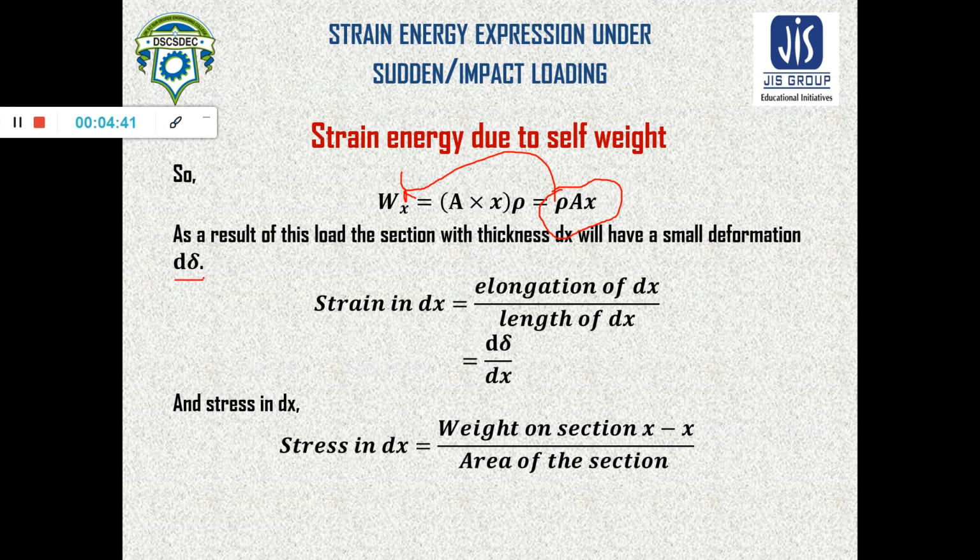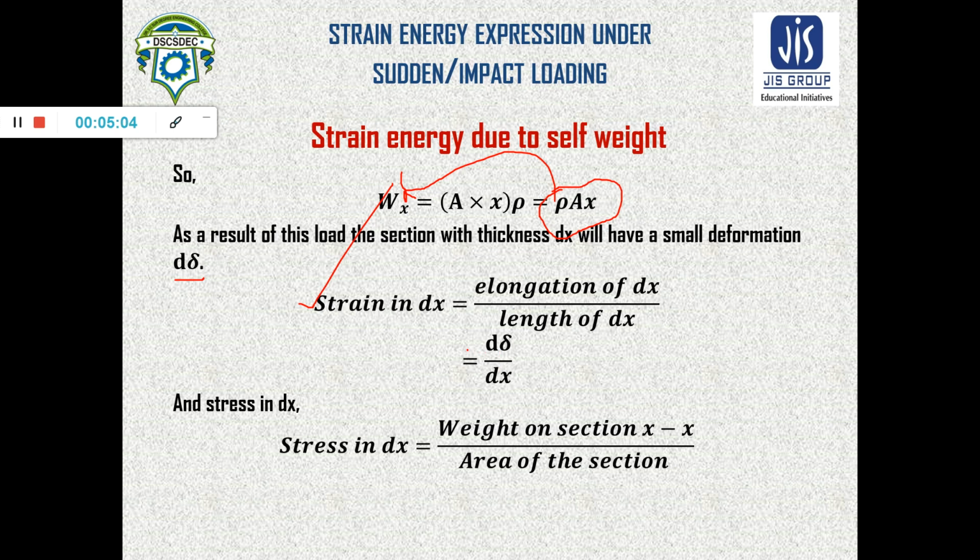Now we can write the strain. We know the expression for strain in dx will be elongation by its original length, that is d delta by dx. This is the strain. Now consider stress. Stress is the force per unit area.